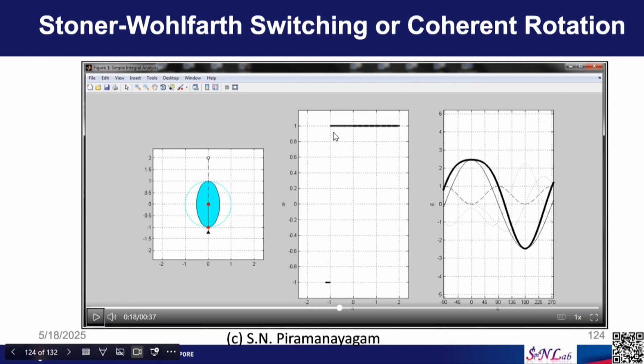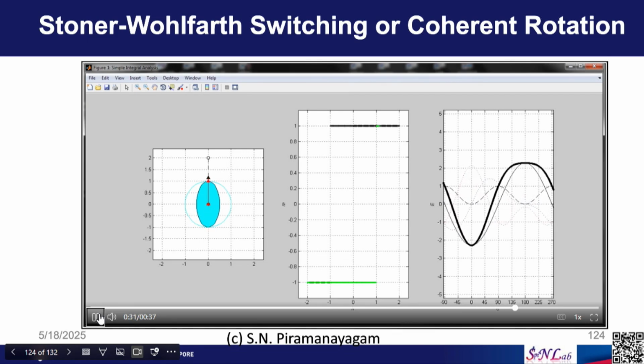You can see that the reversal has happened. Now you see this one has come here, magnetization has changed direction. Now the magnetic field is HK. So, reversal has happened.